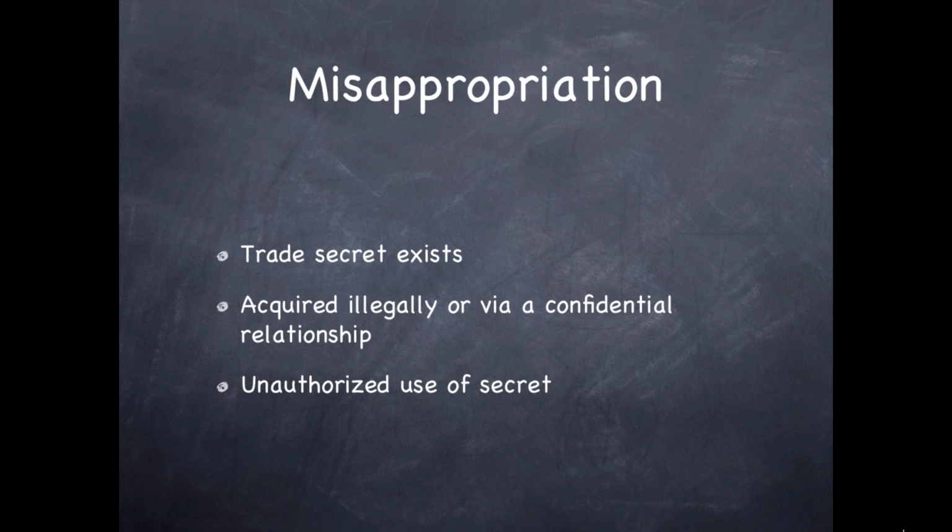For unauthorized use of the secret, you will usually see two typical situations. You'll see somebody who either hacks in or steals from an employer content to be able to use for their own benefit, or you will see them acquiring this content through misappropriation to be able to sell to third parties.